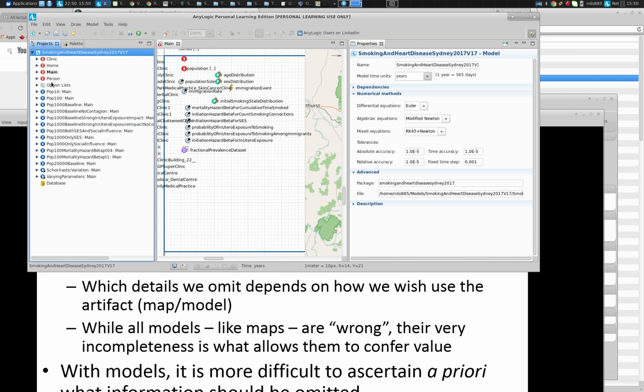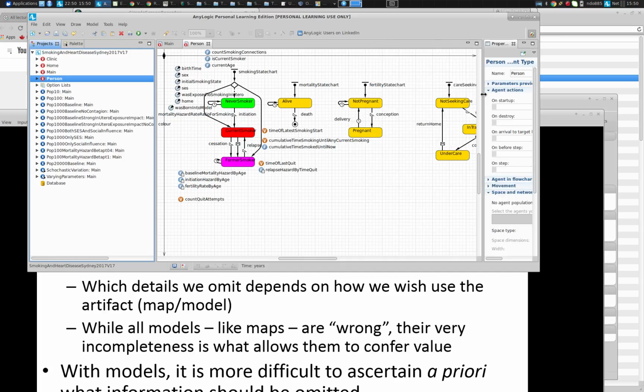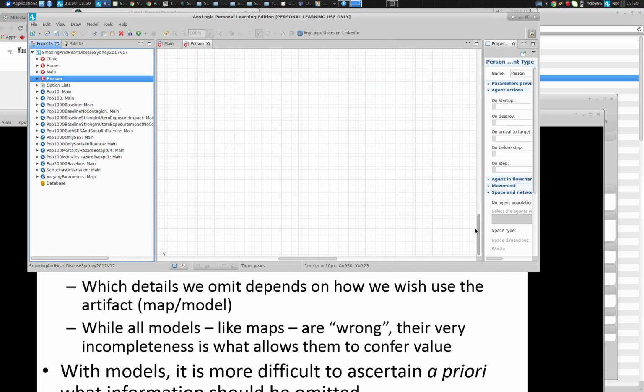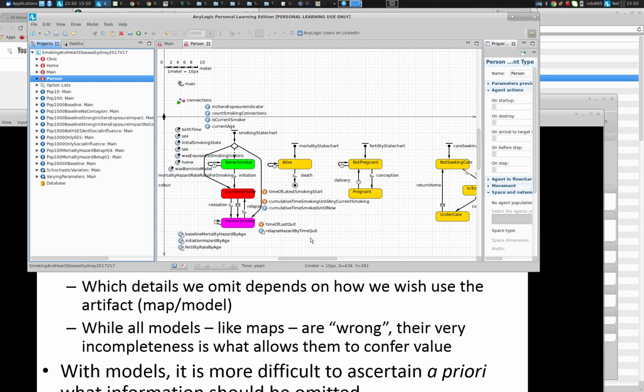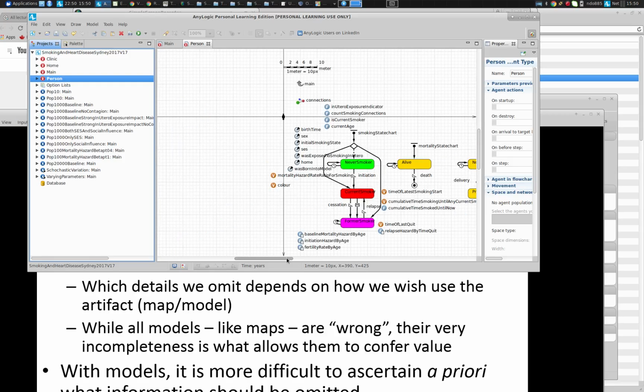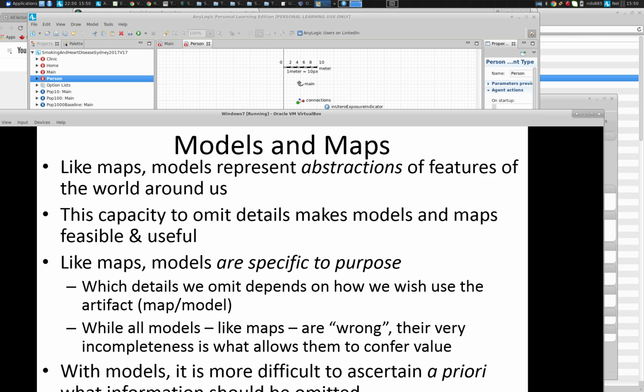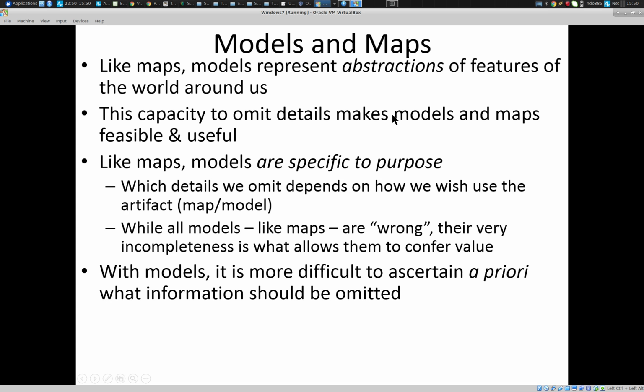And we could marvel at the number of different factors that are included in this model, spanning from aspects of heart disease to aspects of smoking, etc. But inevitably, as I've tried to make the point, that's a simplification of the world. And in fact, it's this capacity to omit details that makes models and maps feasible and useful. And I've argued in an earlier lecture that models, like maps, are specific to purpose.